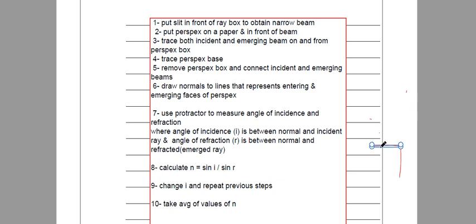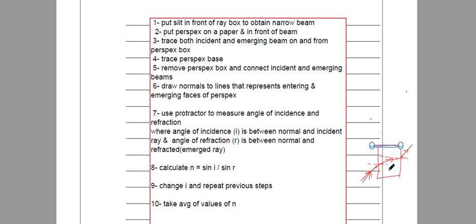Here is the block, and here is the traced entering ray, and here is the refracted ray inside the block that is incident on the other face, and here is the normal on the face from which the light leaves the perspex box, and here is the ray leaving the perspex box that should, as I said, be parallel to the entering one.